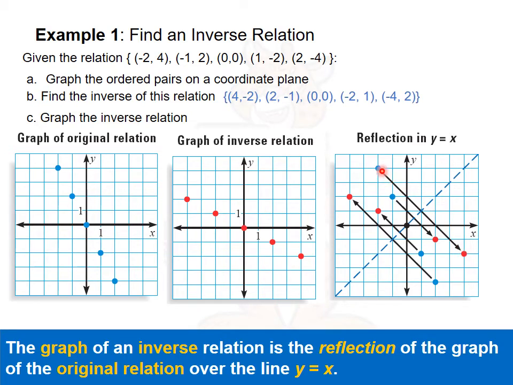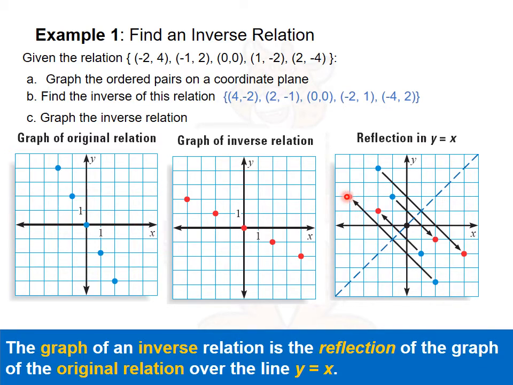As you can see, every point in blue is reflected across the line y equals x, and we get this point. This point also is reflected across the line, and we get this point in red. This point that is part of the original is also reflected across the line y equals x, and this point also is reflected over the line y equals x.